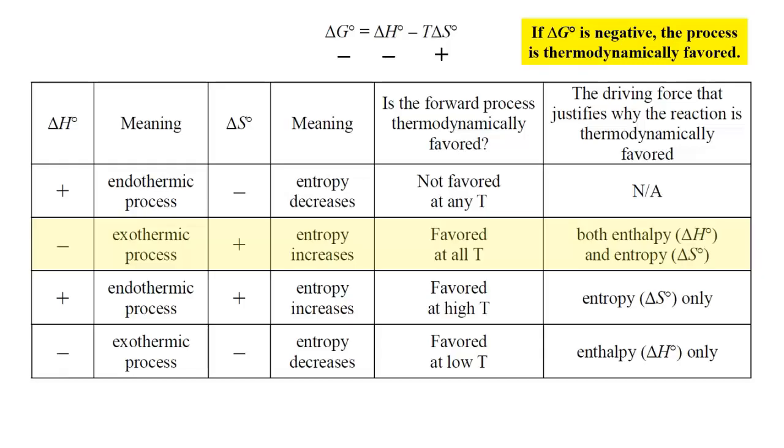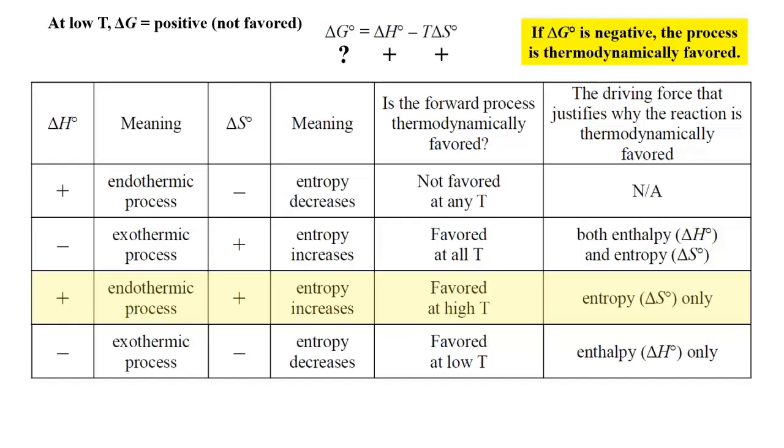Now we come to the next 2 possibilities in which the sign of delta H and delta S are either both positive or both negative. So if delta H is positive and delta S is also positive, now the sign of delta G depends on how large or how small the value of temperature is.